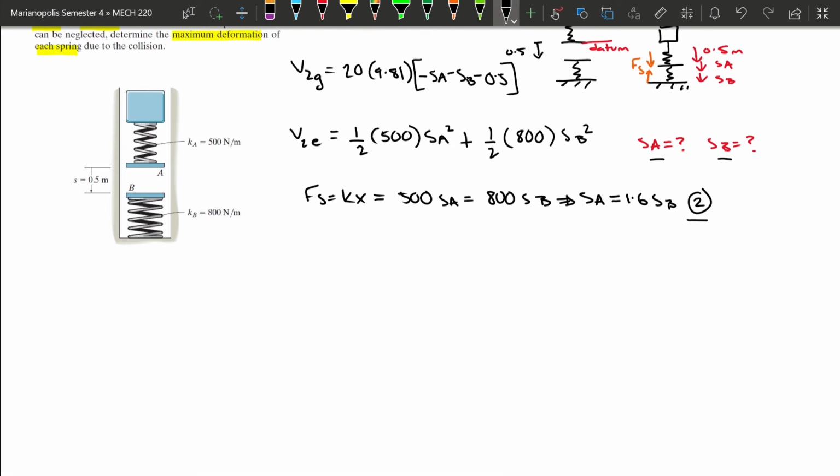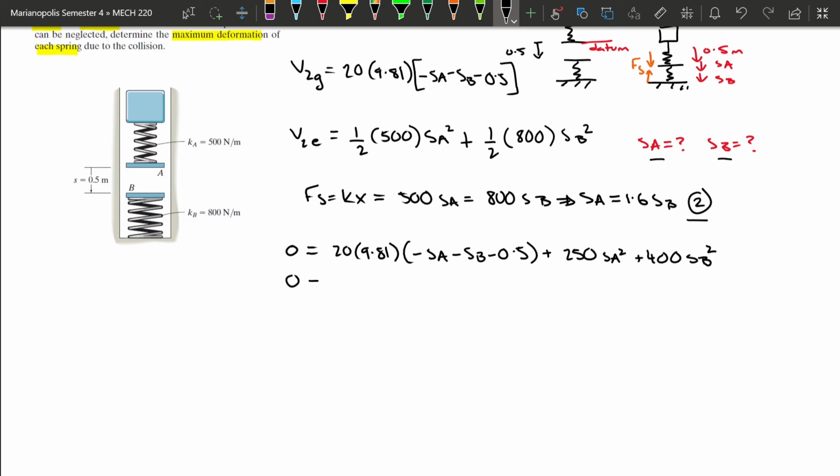Plugging it into my conservation of energy, I have 0 equals 20 times 9.81 times minus SA minus SB minus 0.5. I'm going to plug in my 1.6 SB, plus half times 500, which is 250, SA squared, plus 400 SB squared.